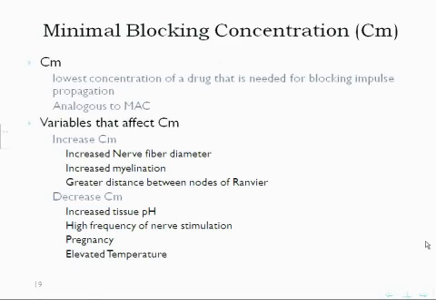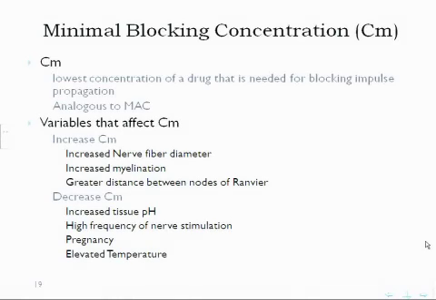So minimal blocking concentration is basically the lowest concentration of drug that is needed for blocking impulse propagation. Things that we know increase this value are increased nerve fiber diameter. The greater the diameter, the more difficult it is to knock out the nerve, and we'll talk about that in a minute, because you can do what's called a differential block.